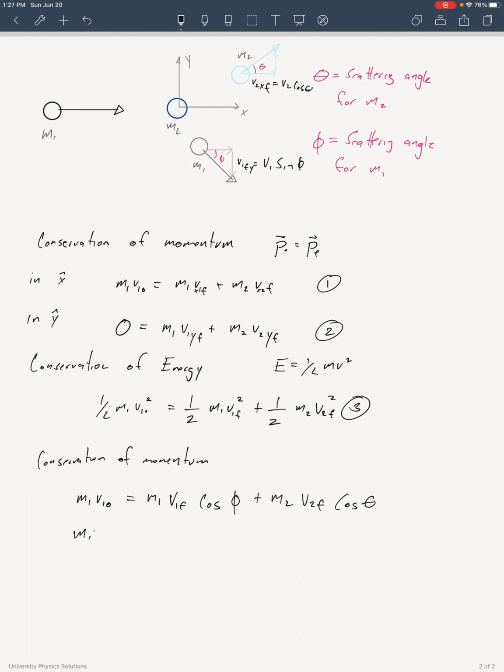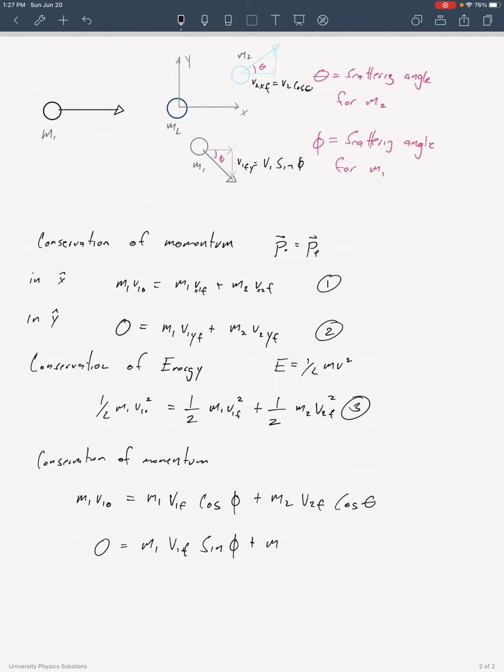Similar for the y components. Now for the y components, my initial momentum was 0. So then I have that m1 times v1y final, which is going to be v1 final, and to get the y component I just have to do the sine of phi.